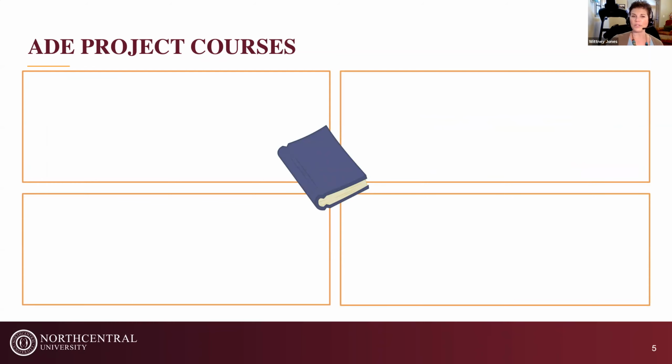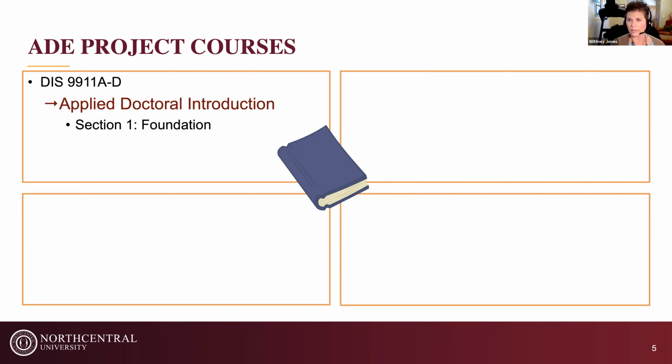All right, project courses, here we go. First course, now you'll see that this is DIS, which would refer to dissertation. This is a technical issue, so don't let that throw you off. So it'll be the ADE DIS 9911 A through D. Of all 4 courses, you have a B, C, and D course.